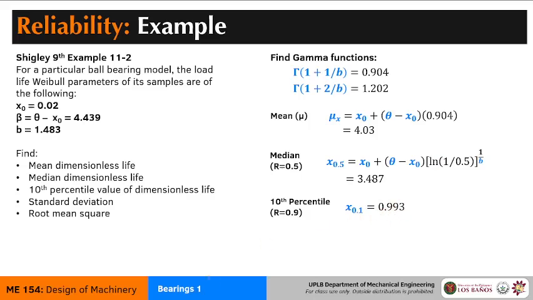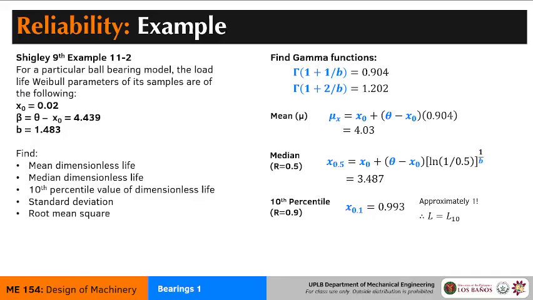Now, this dimensionless life is awfully close to 1. And that means the dimensionless life, L over L10, is essentially having L be equal to L10, which is correct.